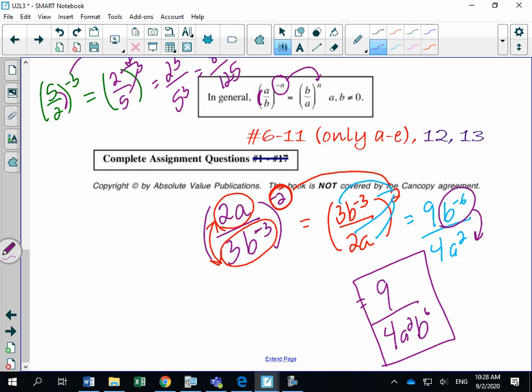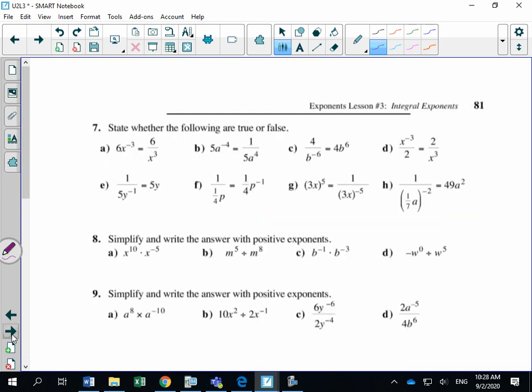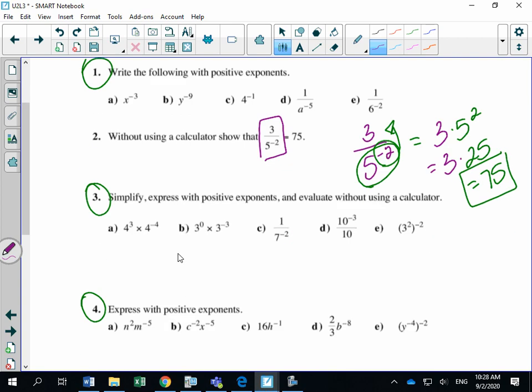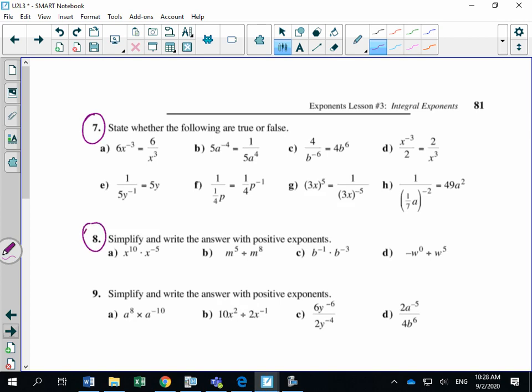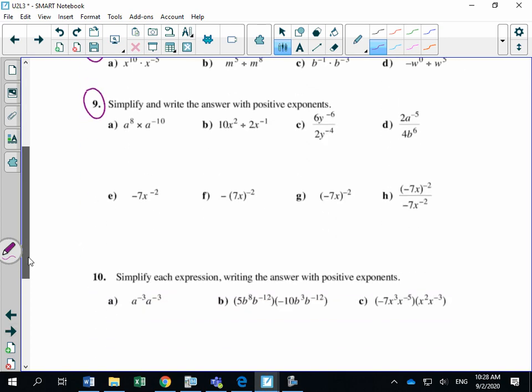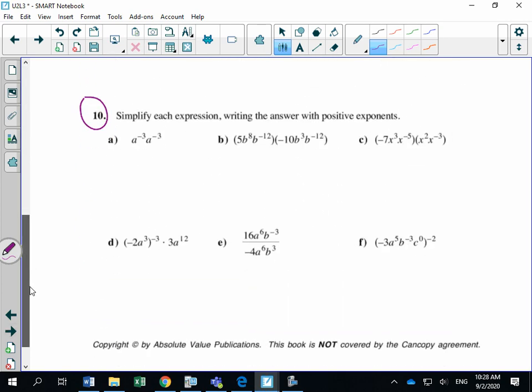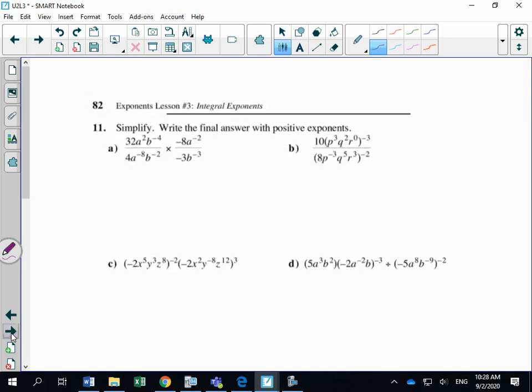Okay, let's circle the homework. So 6 to 11, 12, and 13. I just want to make sure the other ones, 14, 15, 16, 17, we don't need to do. So let's have a look at those. So 6 to 11. So 6, 7, 8, 9, 10, and 11.